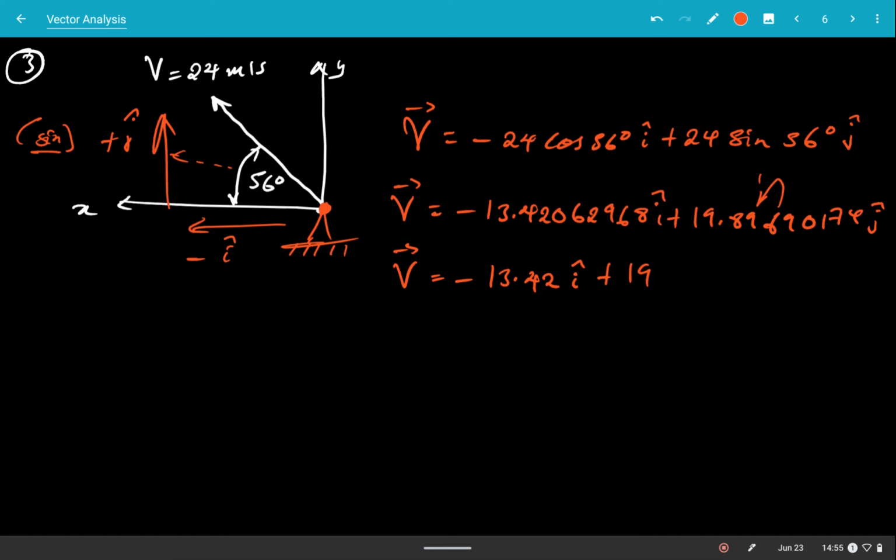Once we add that to 9, we get 10, so that will be 0 plus the 1 on the 8, and that will be 19.90 in the j. So these two are the components of the velocity of magnitude 24 in the direction 56 degrees: minus 13.42 in the i, which is in the x, plus 19.90 in the j.